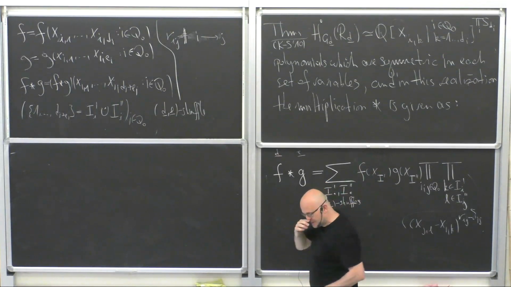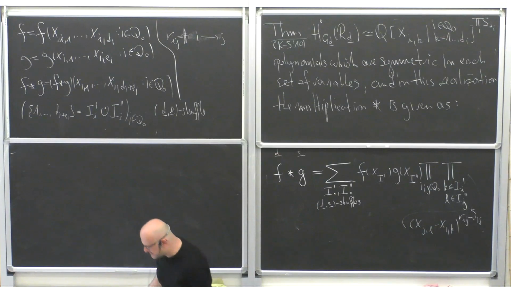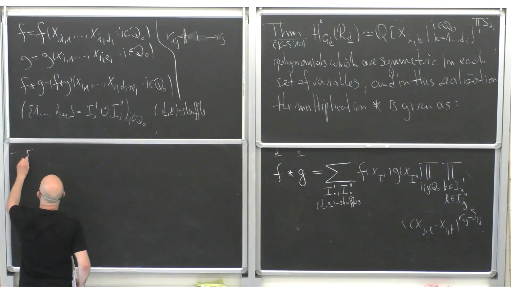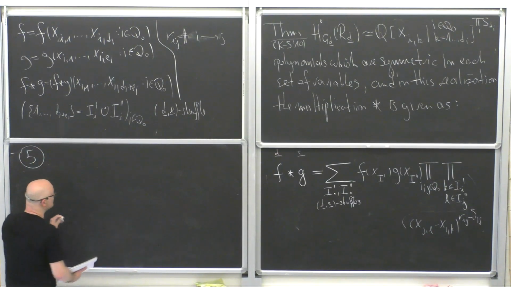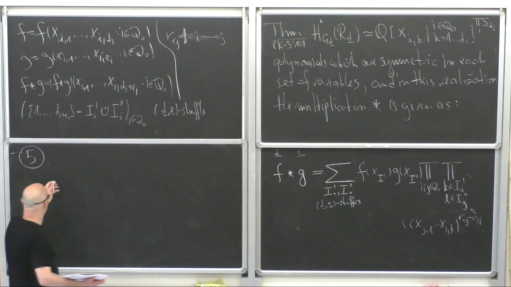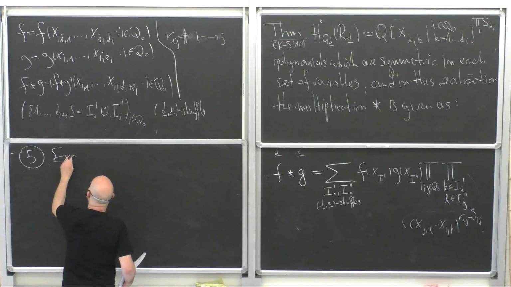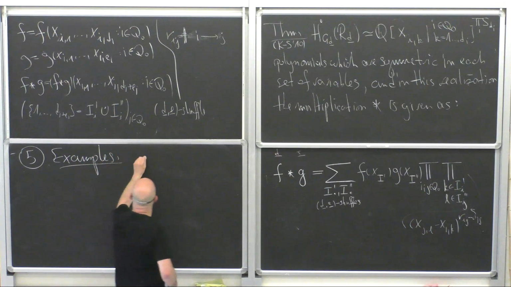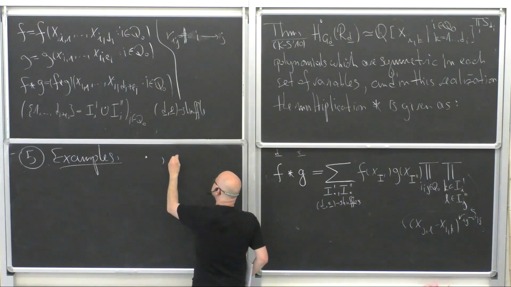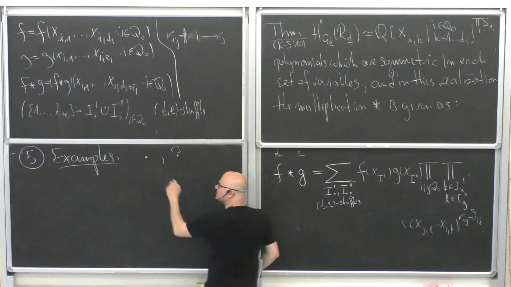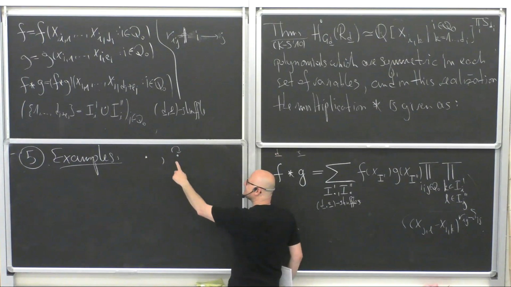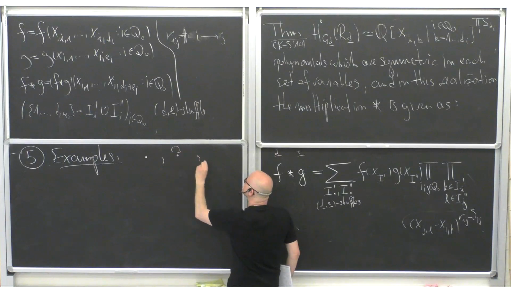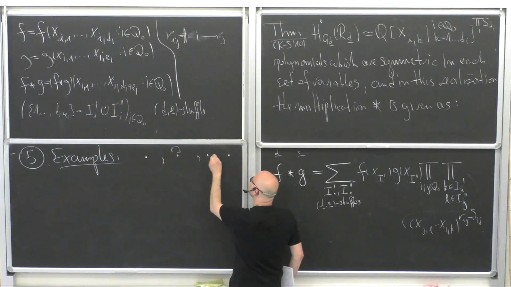All right. So let's get used to this. This is now part 5 of the talk, examples. In these examples, we will basically deal with the Coha for the quiver which is just a single vertex, the quiver which is a single loop, and the quiver which is a single arrow.